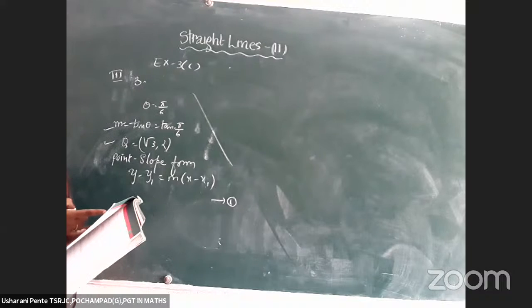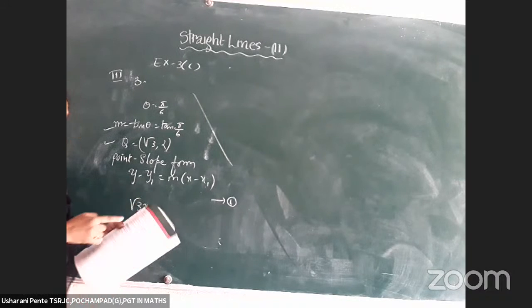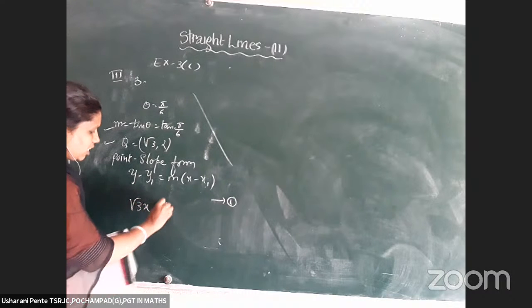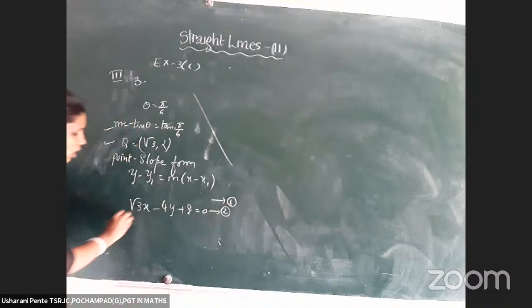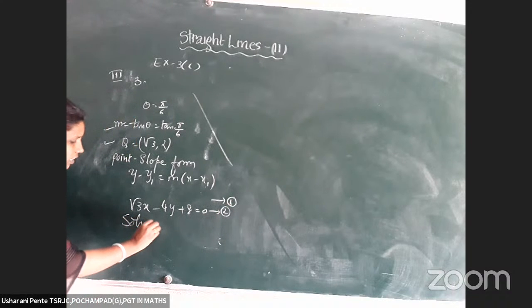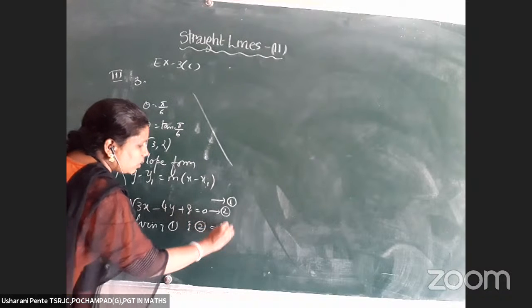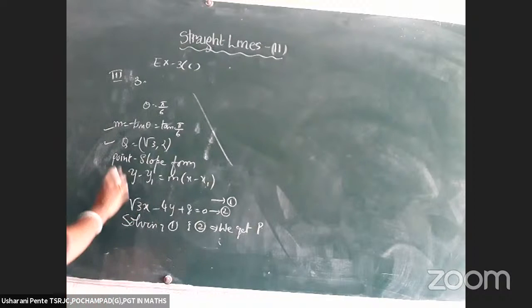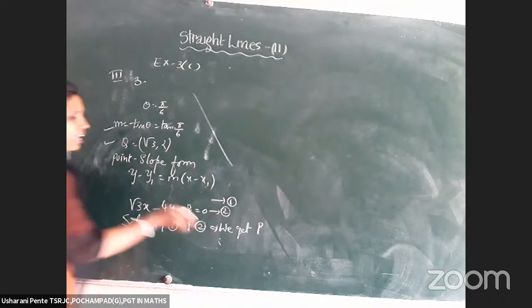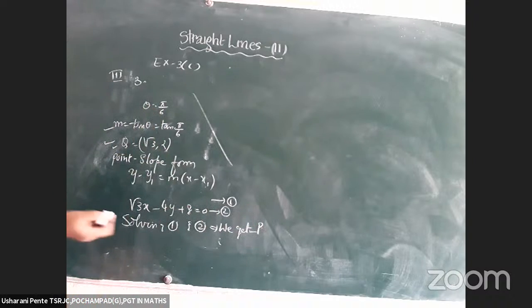They have also given another line, root 3x minus 4y plus y. Let it be equation 2. Solving equations 1 and 2, we get the point P. Now we have two points, Q as well as P, so we can find the distance between the two points.